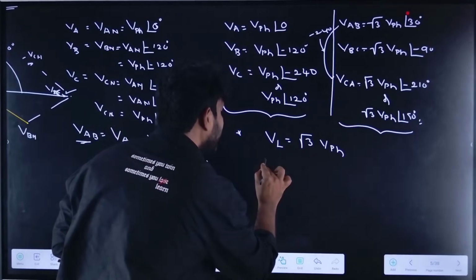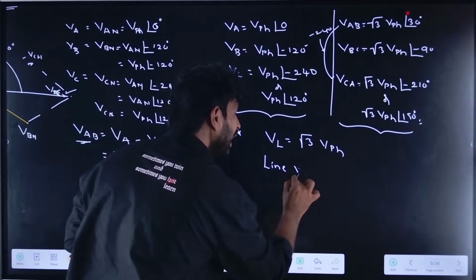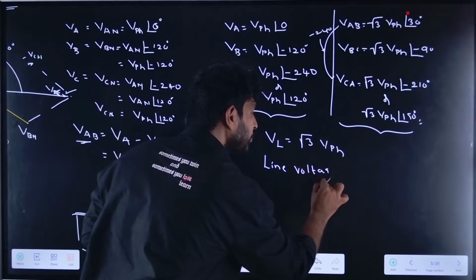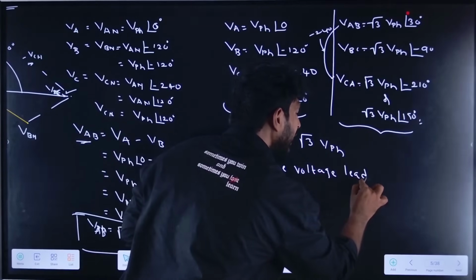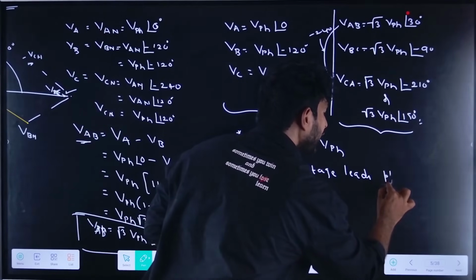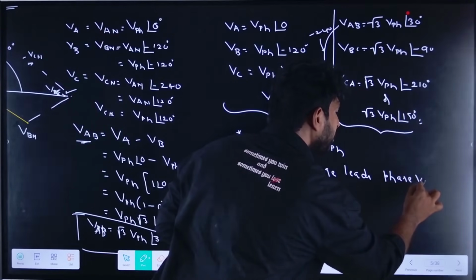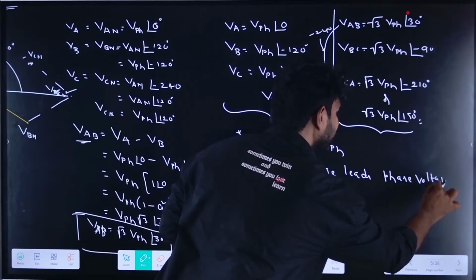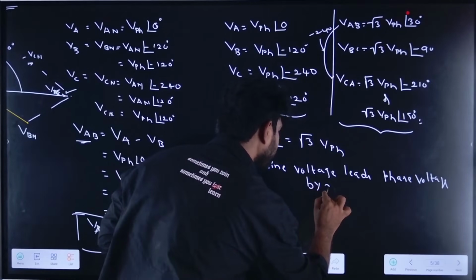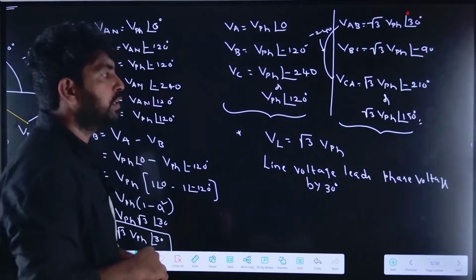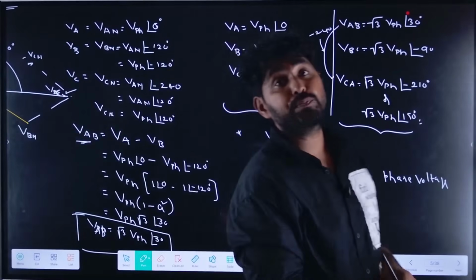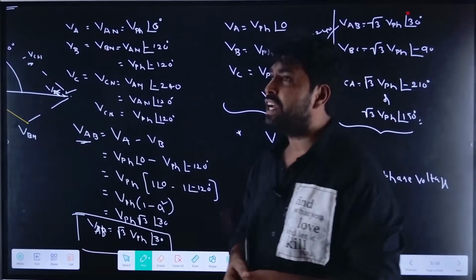So the line voltage leads the phase voltage by 30 degrees. So this we have considered for the positive sequence.